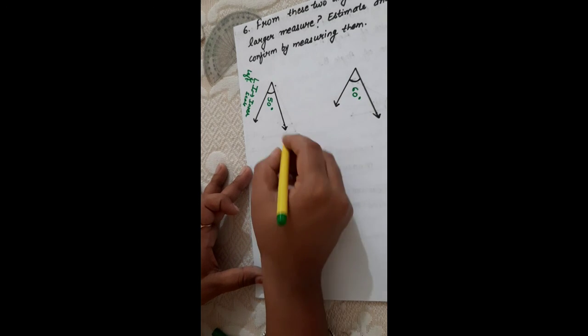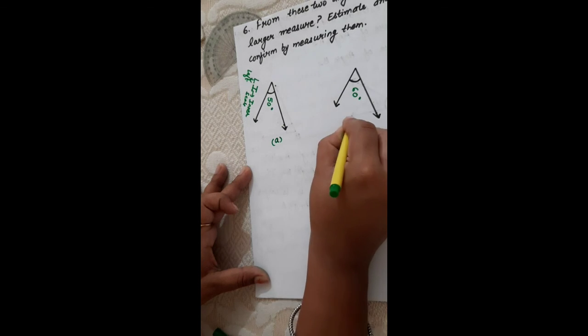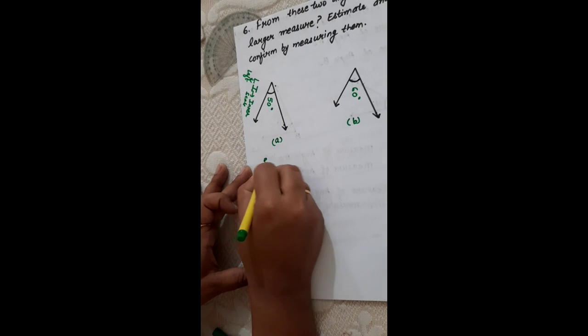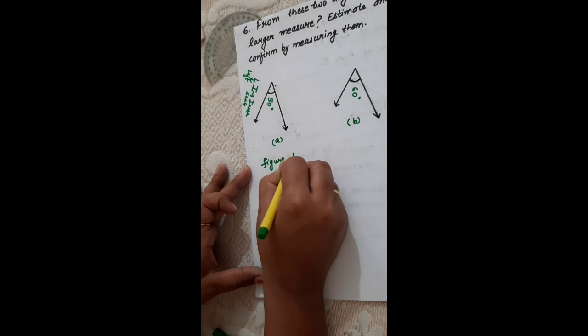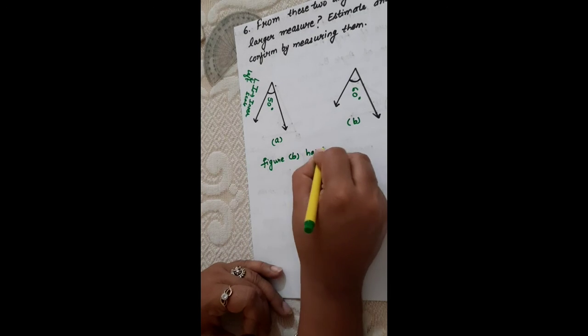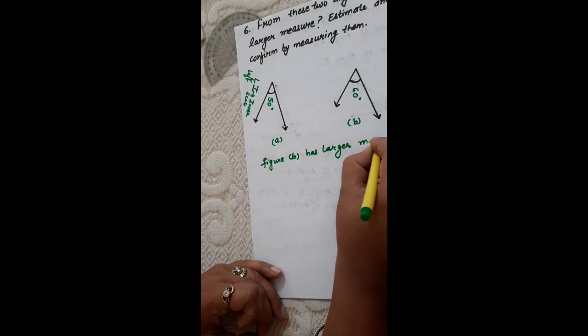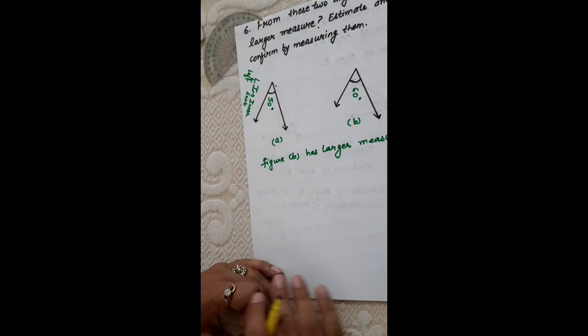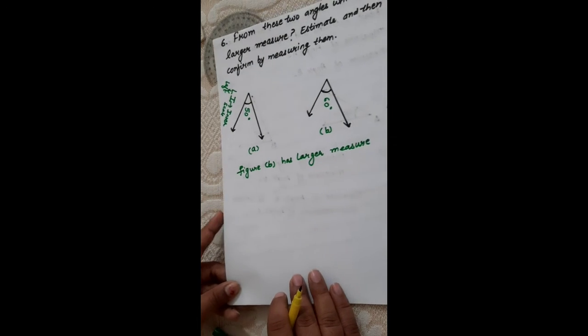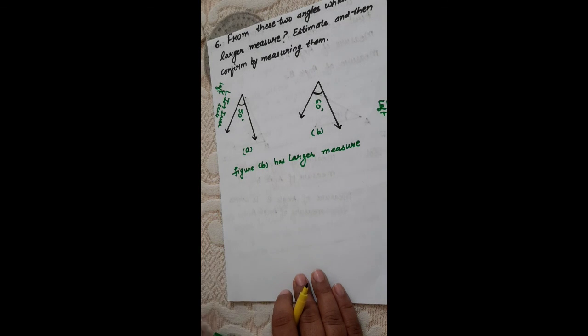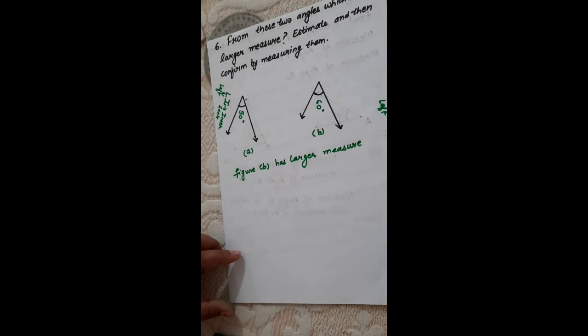So I will name it as A, I will name it as B. Figure B has larger measure. So this is my question number 6, that figure B has larger measure.